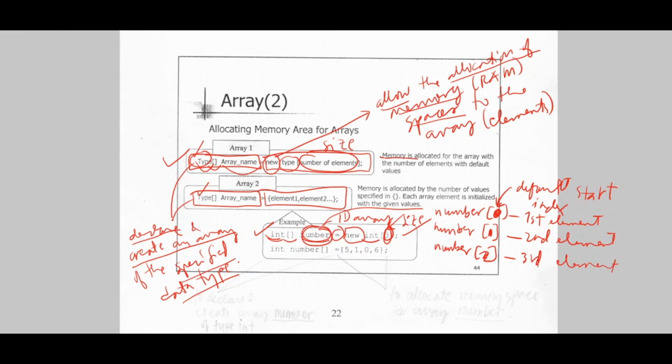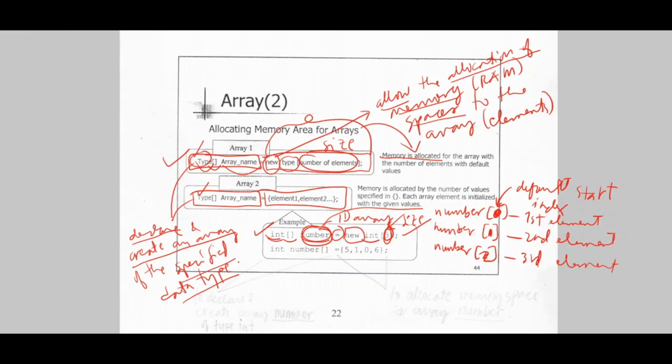Now, memory is allocated for the array with the number of elements with default values. So what is done on the second part, this part here, is the allocation of memory spaces.